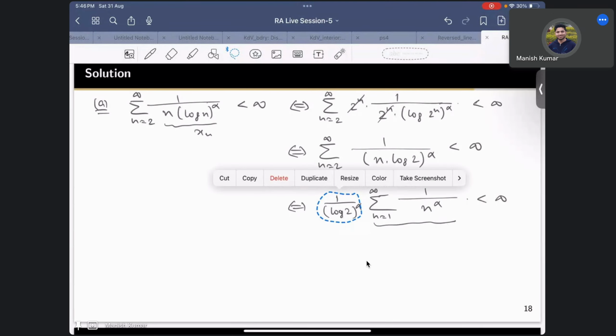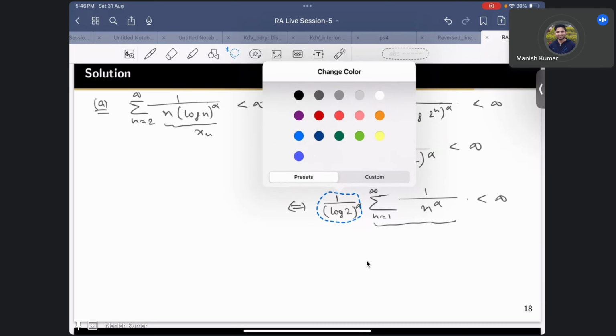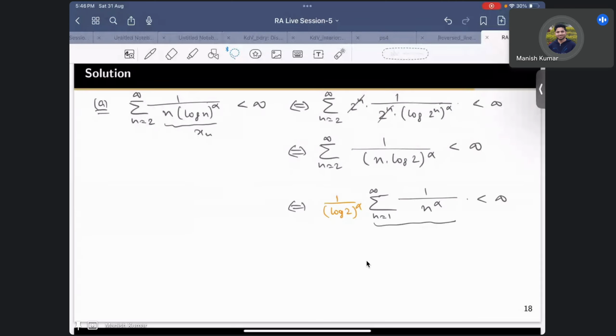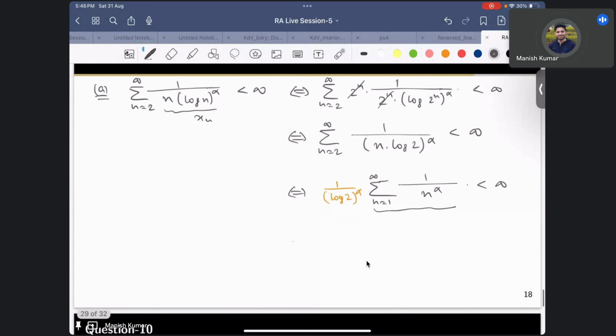This is convergent if and only if alpha is greater than 1. This you have already seen: 1 by n raised to the power alpha is convergent if and only if alpha is greater than 1. Or you might have seen it as 1 by n raised to the power p is finite if and only if p is greater than 1. This is the p series test.